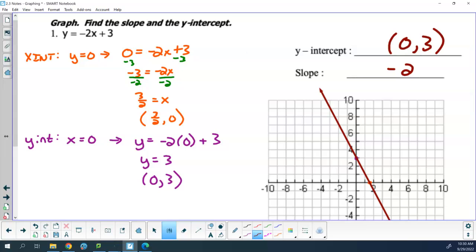I knew it went through the point 0, comma 3. So then I counted my rise over run. I went down 2 and right 1. So the down 2 is the negative part, or -2, and the over 1 is 1, so -2 over 1.